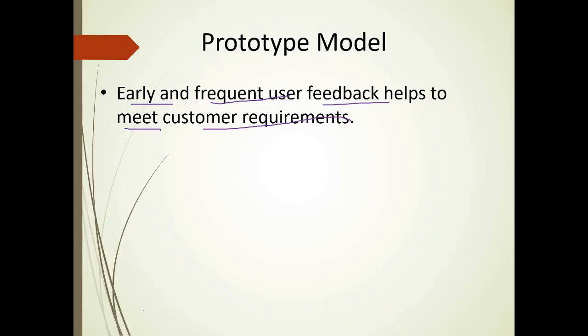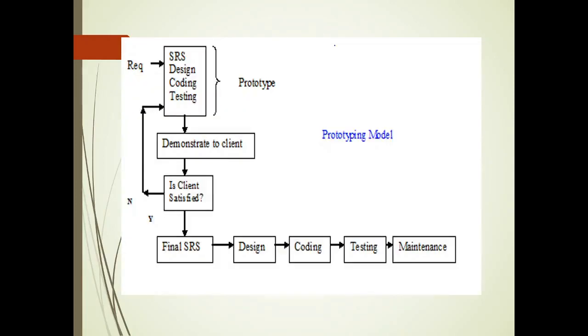Based on the currently known requirements, a prototype will be developed and demonstrated to the clients. Based on that prototype, clients will again tell some modifications and requirements, and then the prototype will be developed once more. Such a process will be there in this prototype.